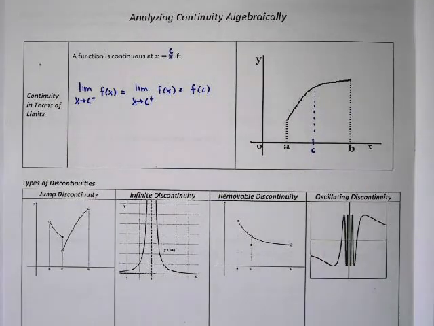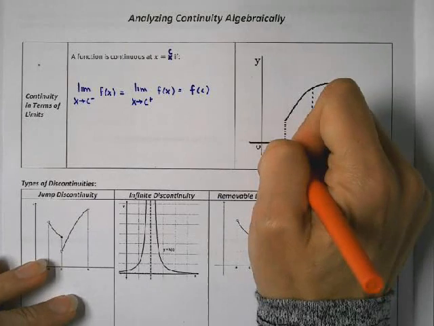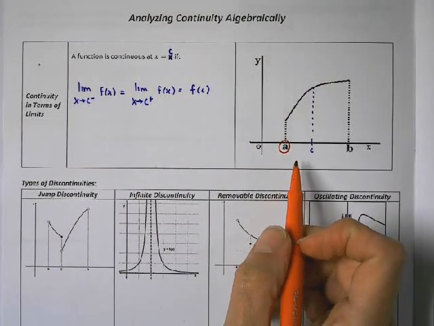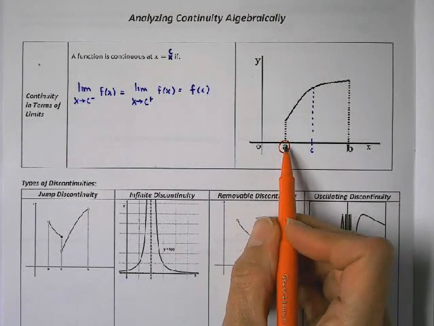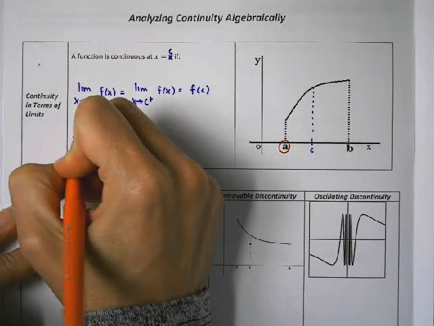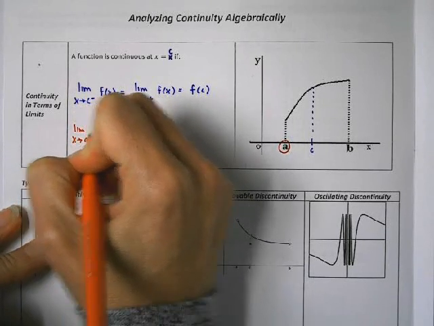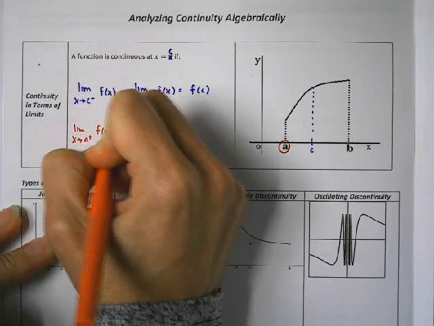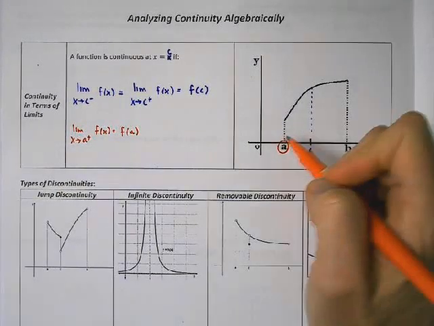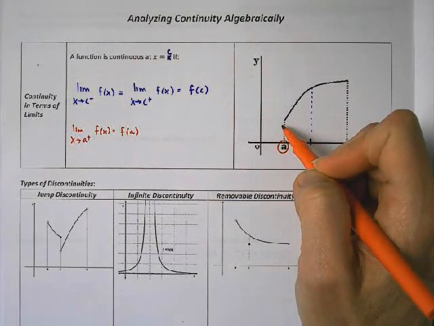Now, one thing we didn't talk about yesterday is continuity at an endpoint. Because this is an endpoint, to show that I'm continuous at that endpoint, all I would have to show is that the limit as x approaches a from the right of f of x is equal to f of a. Since I don't have a piece of the function coming from the left, we don't have to worry about that limit.